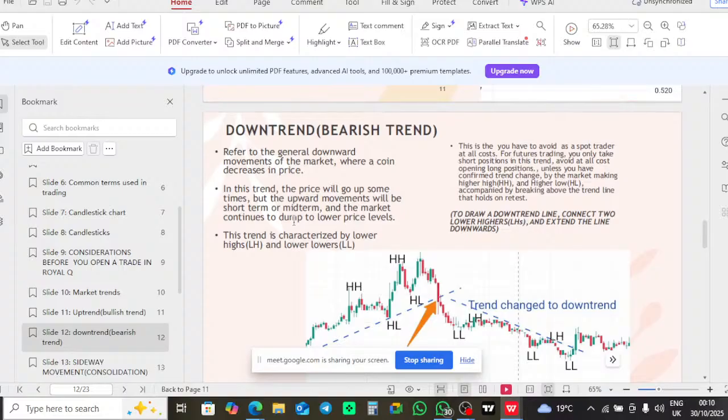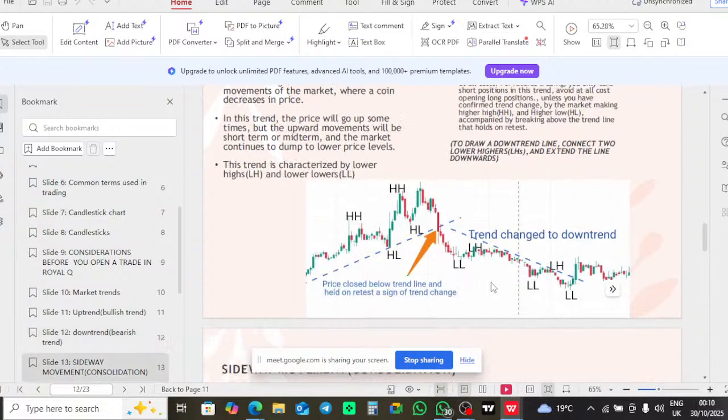In this trend, the price will go up sometimes, but the uptrend movement will be short term. Are we together? Or mid term. And the market continues to dip to the lowest price. Slowly, it will keep dropping.